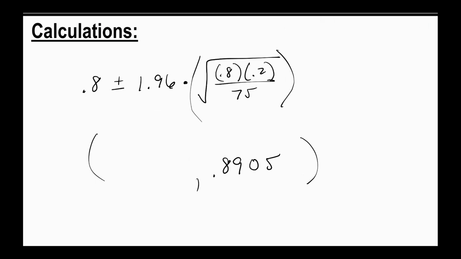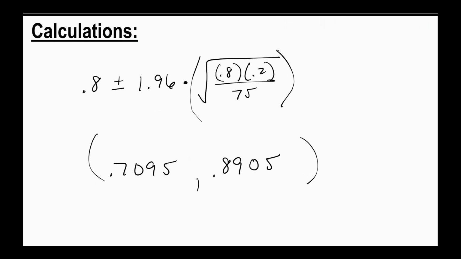Let's see, let me do this again. 0.8 times 0.2 divided by 75, take the square root, times 1.96, and then 0.8 minus that, I get 0.7095, round it.